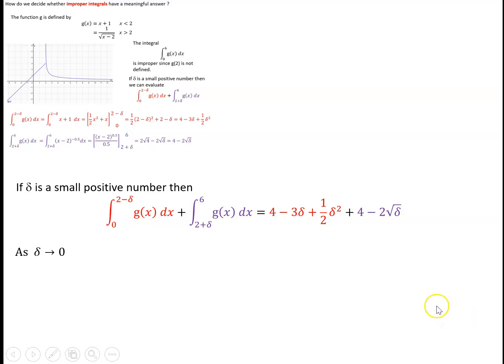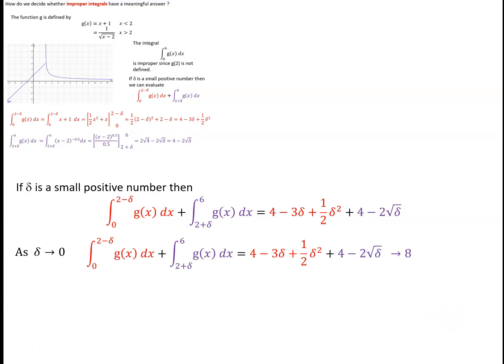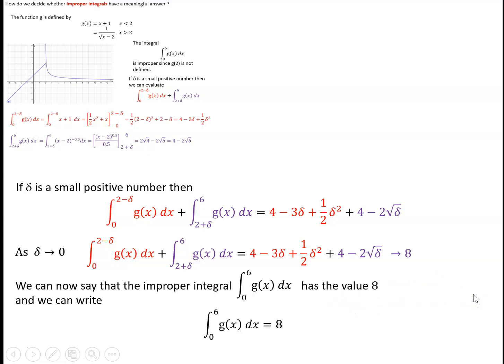And as delta tends to 0, this value just gets closer and closer to 8. So we are now in a position where we can say that the improper integral between 0 and 6 of g of x takes the value 8.